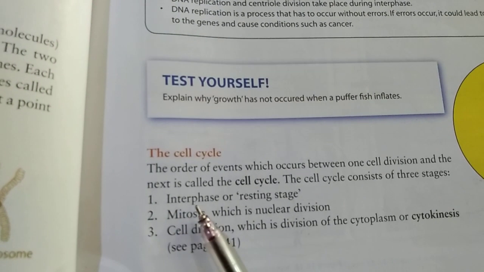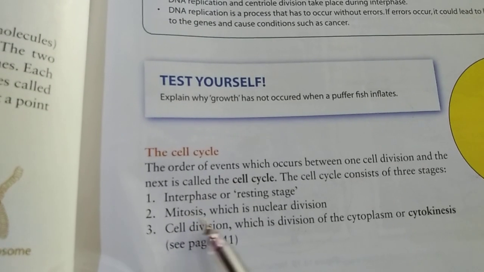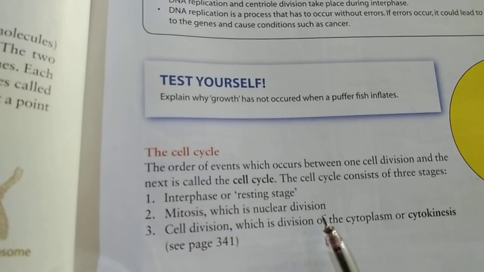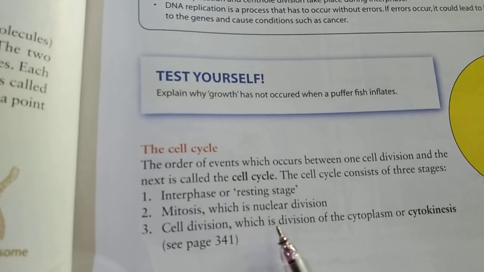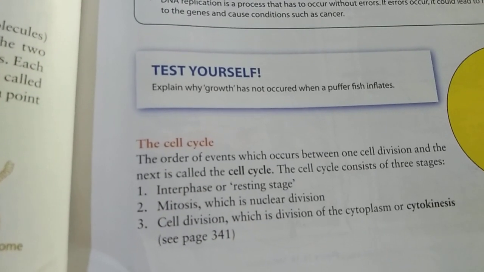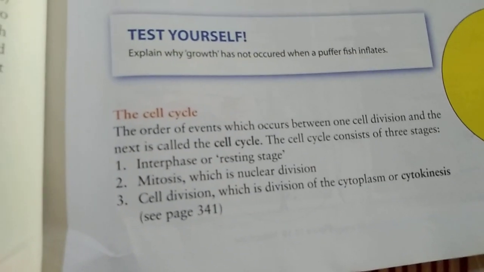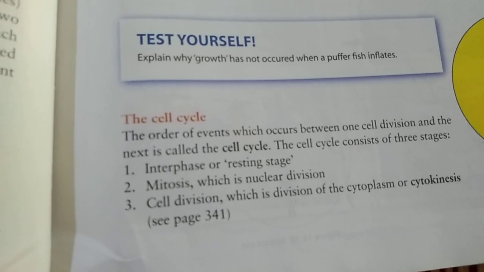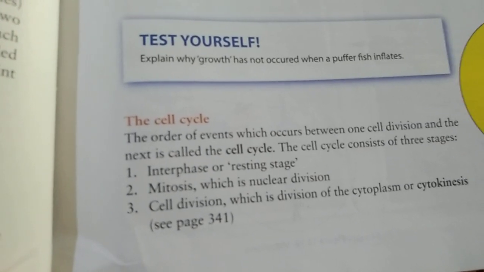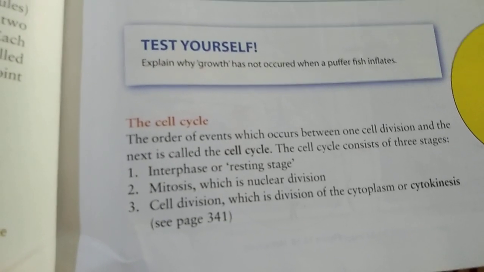Number one, interphase or resting stage. Number two, mitosis, which is nuclear division. Number three, cell division, which is division of the cytoplasm or cytokinesis. So the cell cycle has three stages: interphase, the resting stage; mitosis, in which nuclear division takes place; and cytokinesis, in which the cytoplasm divides.